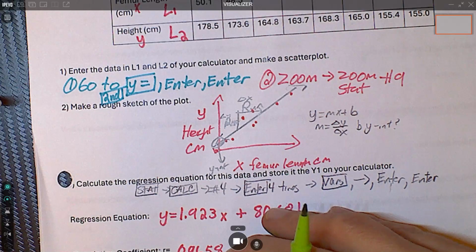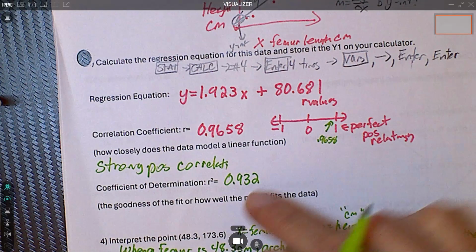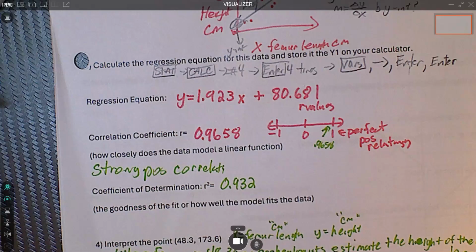Okay? So it's like X is the femur length.